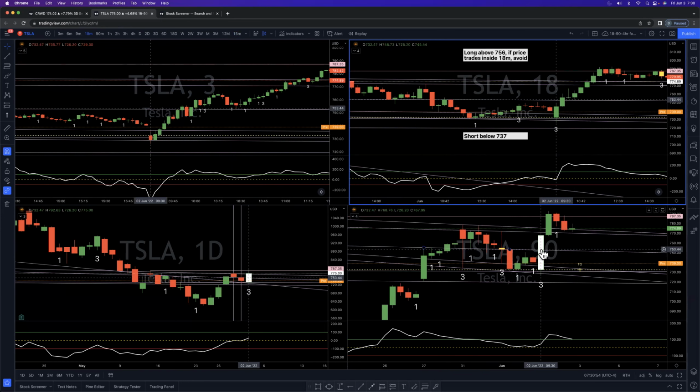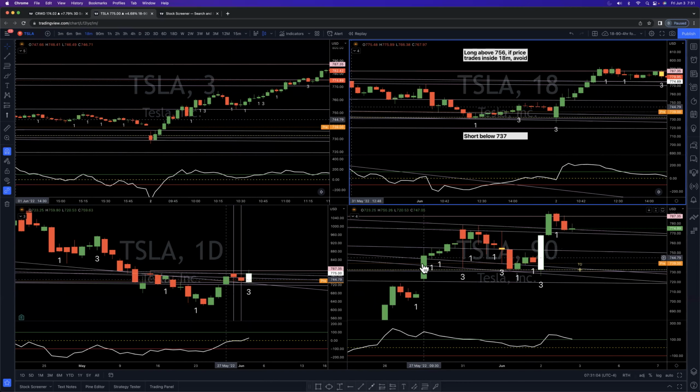Because if you watched that video, if you're with me yesterday, what we talked about was a 3, 2, 2 up potential. And I said we have to take this high, and that's where I got 756 from, because this is 755.26. This is 753.36.